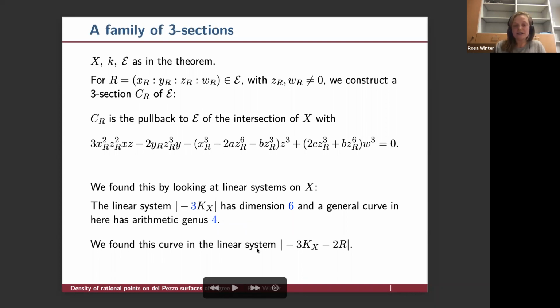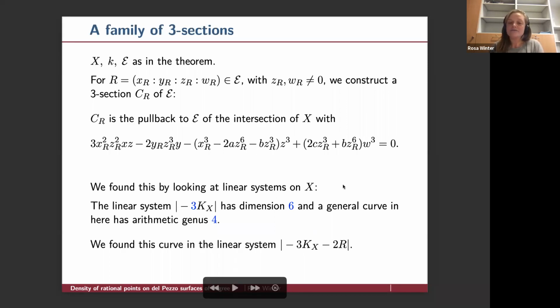We started looking in the linear system, with a bit of abusive notation, of all the curves in minus 3K_X that are singular at the point R, the point we start with. Because of this singularity, the genus drops already by 1. And the dimension of this system, all the curves that are also singular at R, is 3.